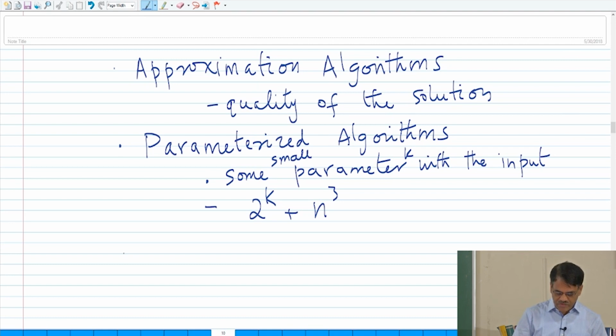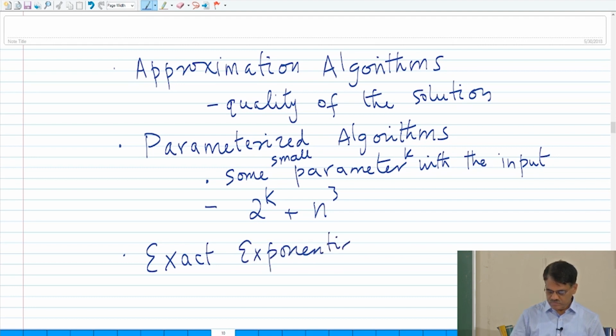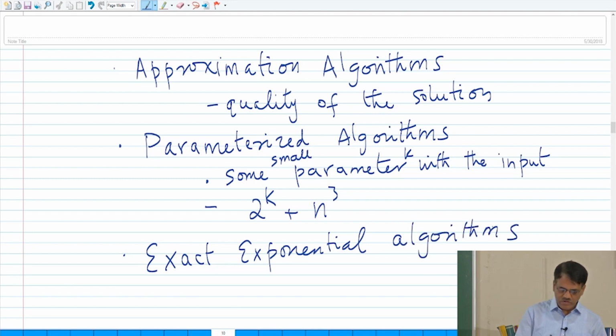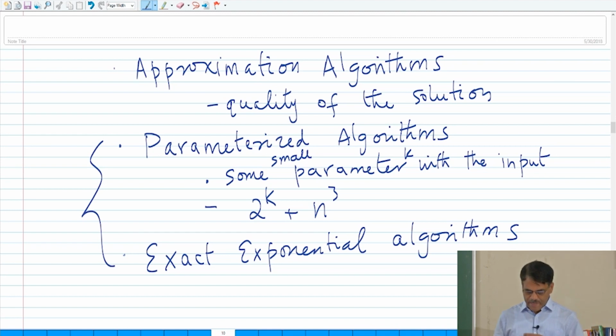And briefly we will also look at exact exponential algorithms, because these two are somewhat related. So, here for example, I want to solve the problem exactly, no approximations. I know the problem is NP hard, so I have to live with an exponential time algorithm, but in the exponential world there are grades of running time.